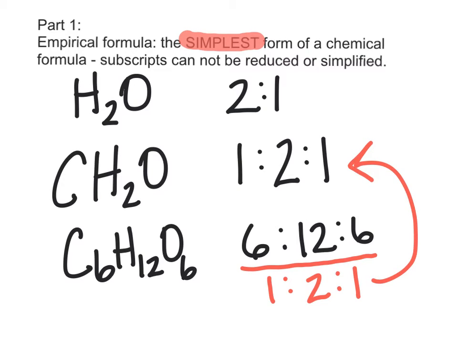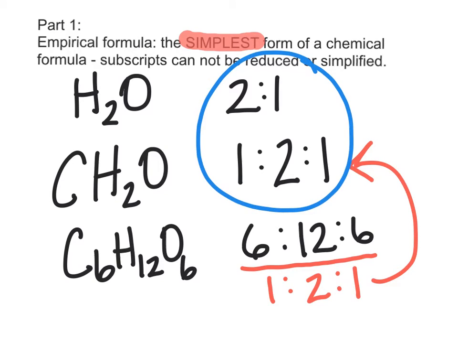So just remember that an empirical formula is when the subscripts are in their simplest form, and you can check that by writing down the ratios.